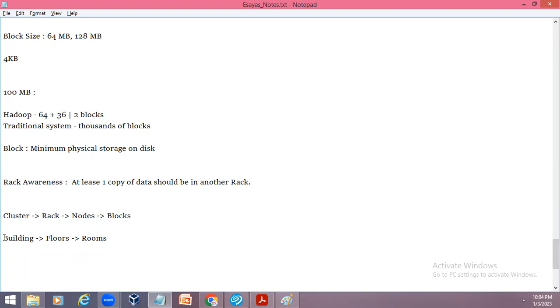That's how the physical storage is arranged in a building or hotel: one building, multiple floors, and each floor has multiple rooms. Clear on this? This is the complete infrastructure of my Hadoop system.